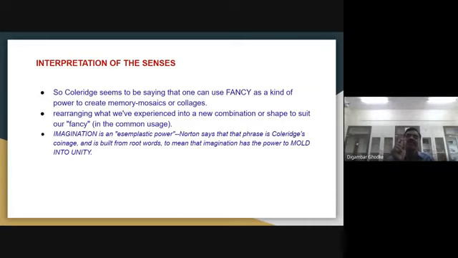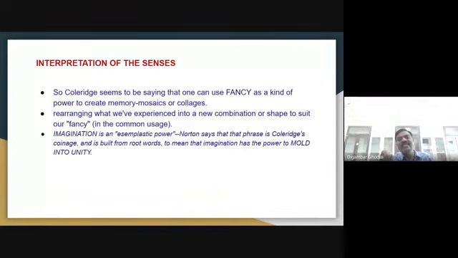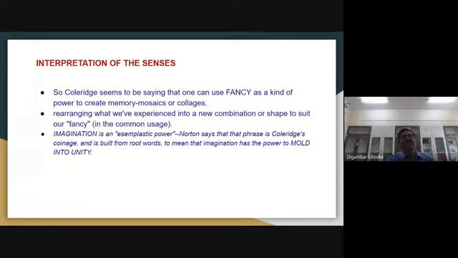And this particular phrase is built from root words, which means that imagination has the power to mold into unity. Plastic is molding material. It has the ability to mold these things into unity, to make it one. So this is how imagination helps us in interpreting the data, sensory data, we can say.